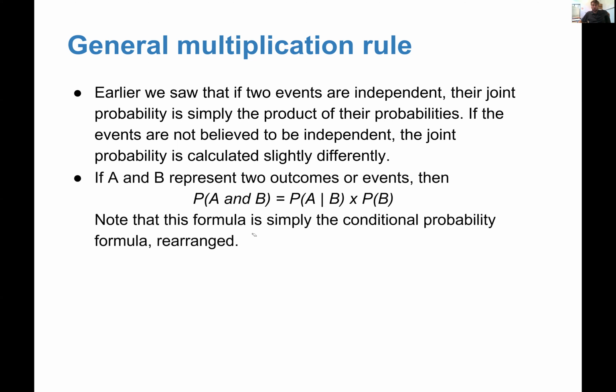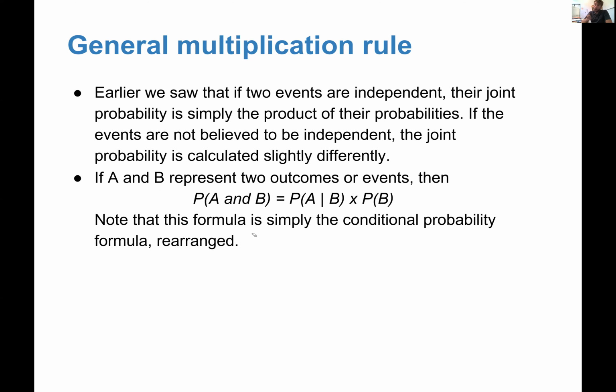And so we can now tell you the full formula, the general formula for all cases. The probability of A and B happening is the probability of A given that B happened times the probability that B happened.